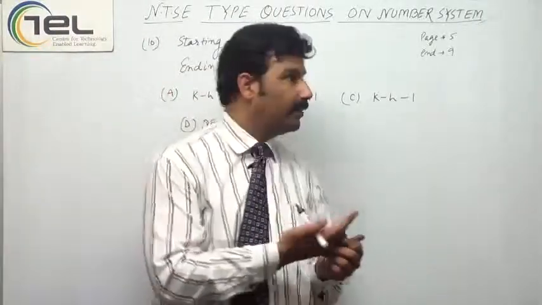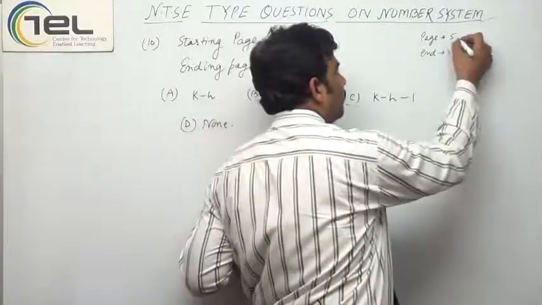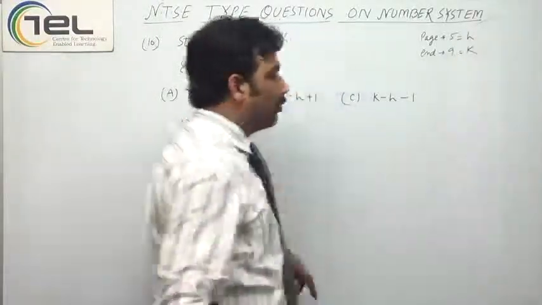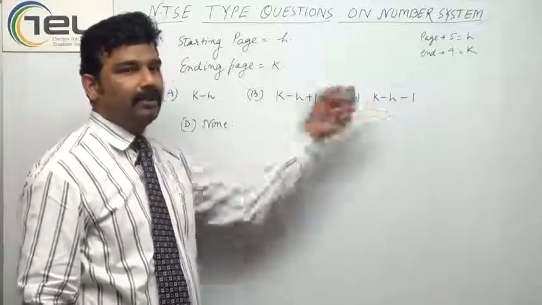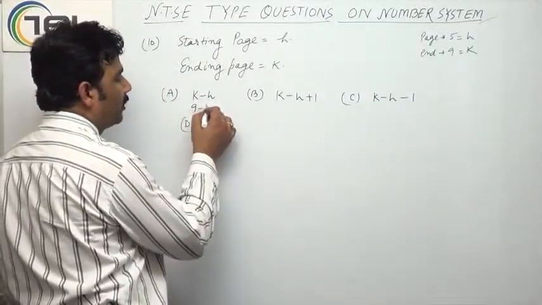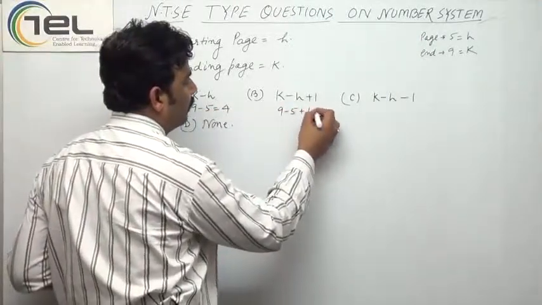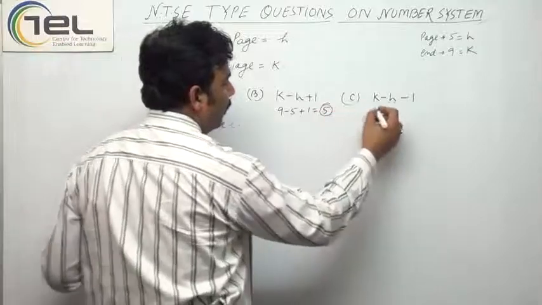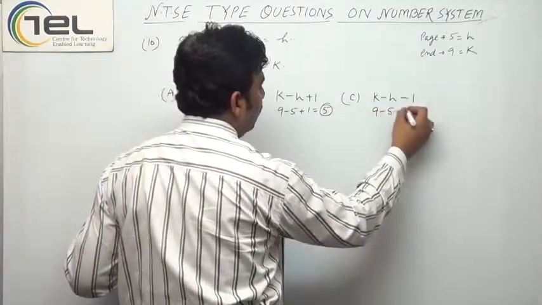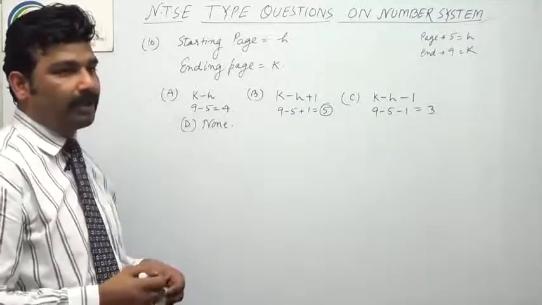If I put H as 5 and K as 9, which option gives me that answer? 9 minus 5 gives 4. 9 minus 5 plus 1 gives 5. 9 minus 5 minus 1 gives 3. So which should be the perfect answer?